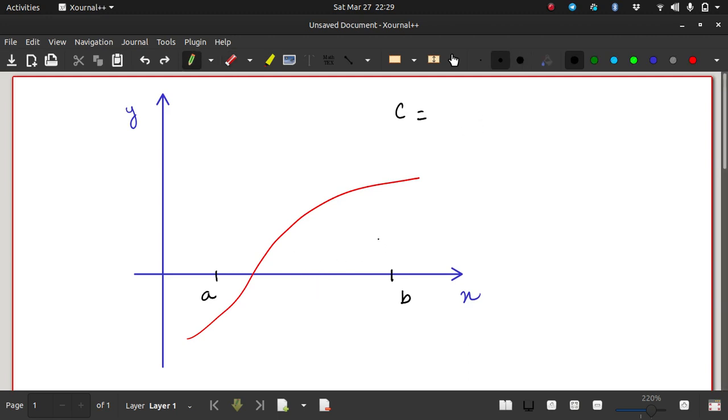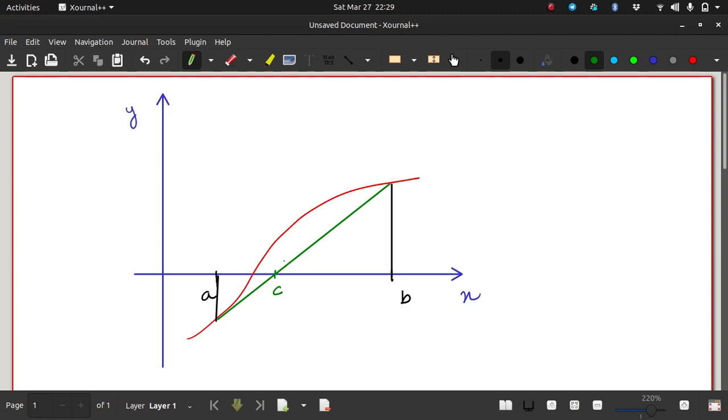The better way would be to draw a line connecting the value of the function at A and B. So this is the value of the function at A, this is the value of the function at B. I connect these two with a line, and the point where the line crosses the x-axis becomes my C. And as you can see from the figure, this value is indeed closer to the value of the actual root.